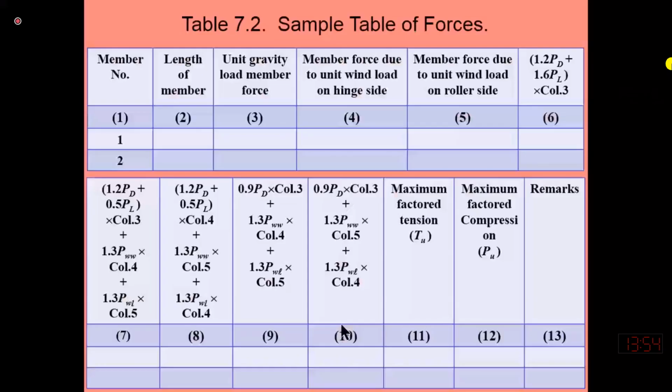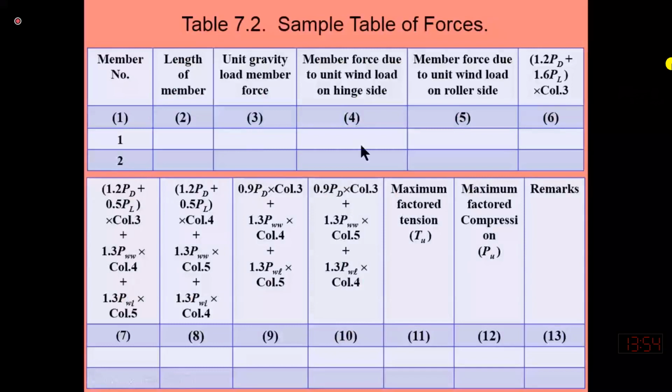So 1.2 PD plus 0.5 PL multiplied by column number 3, the gravity load, then 1.3 panel wind load multiplied by column number 4. Column number 4, because both forces are acting at the same time.